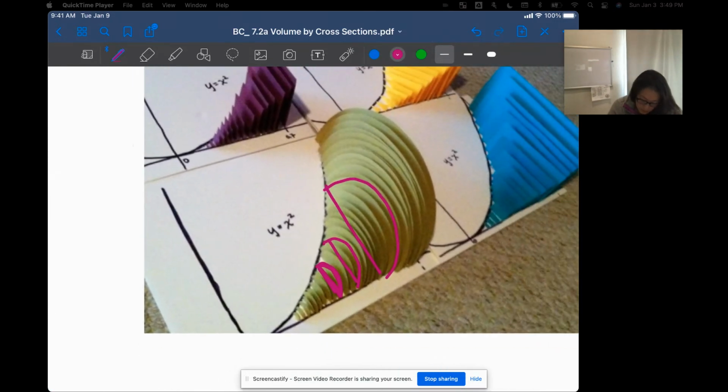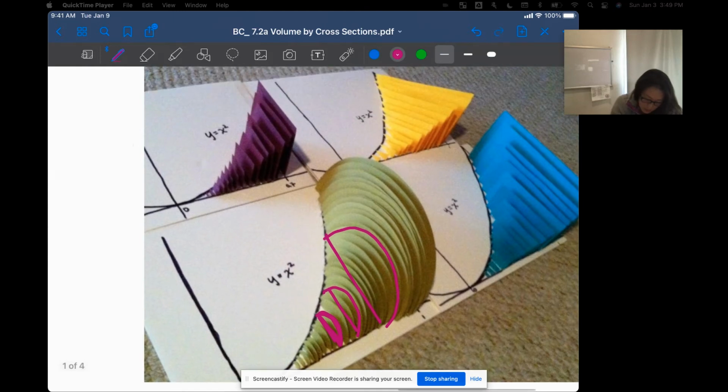Our bounds are going to be from the intersection to wherever it says to stop. You're going to have an infinite number of shapes coming out from those bounds, and it'll always be the same shape. So we call that a cross section.